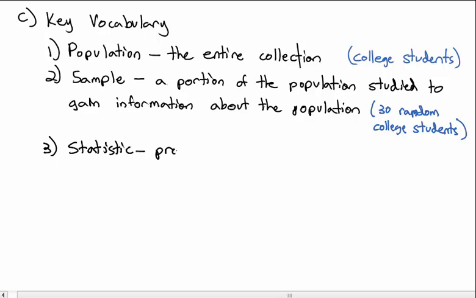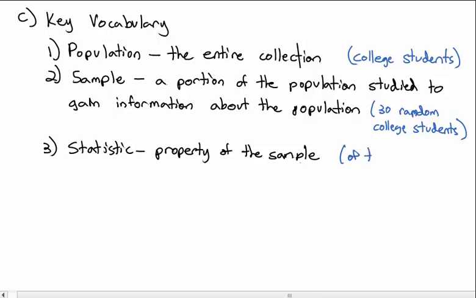or some property of the sample. Maybe of our 30 random college students.